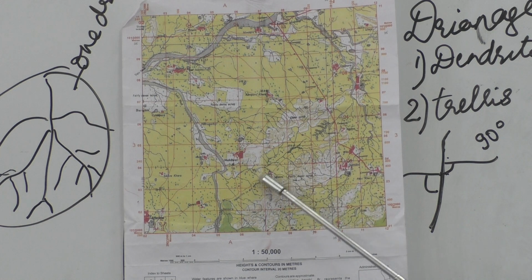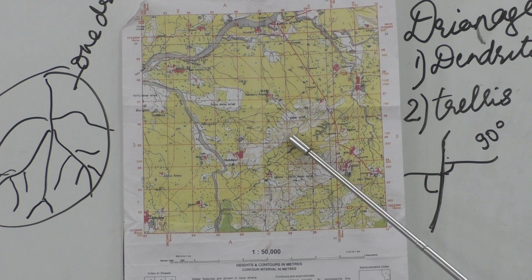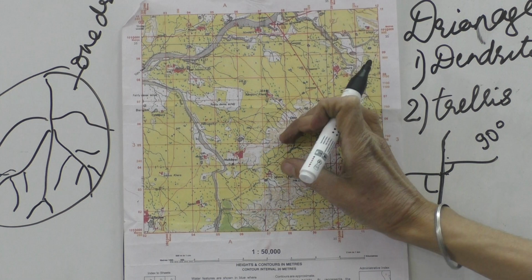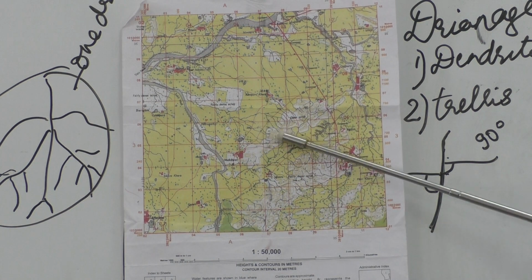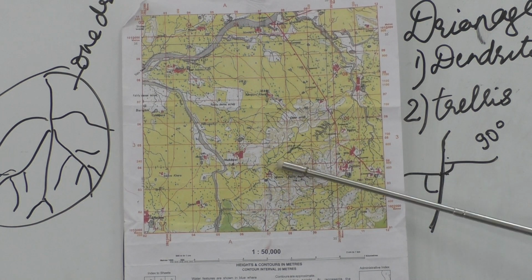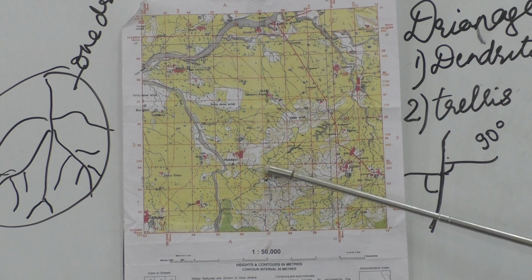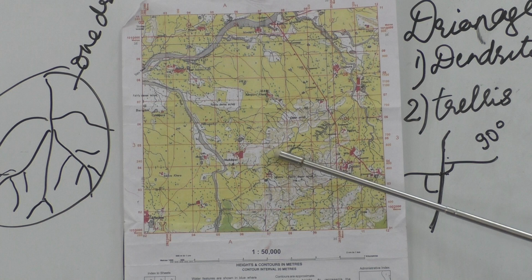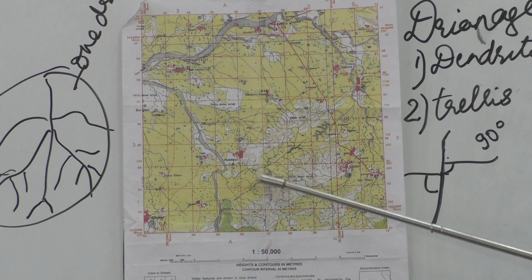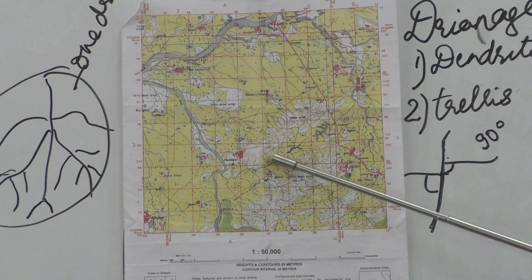In this particular grid, you can see the trellis pattern. You can see the rivers, the tributaries at 90 degrees.